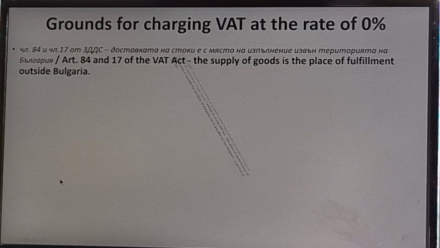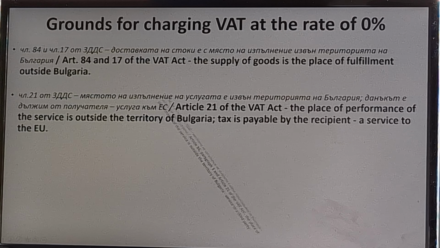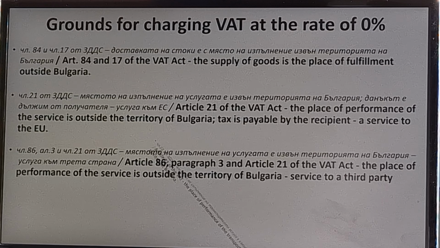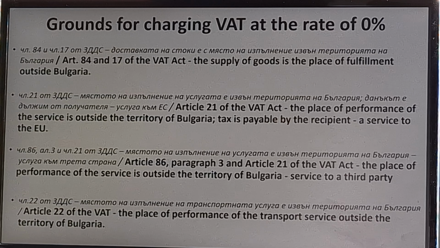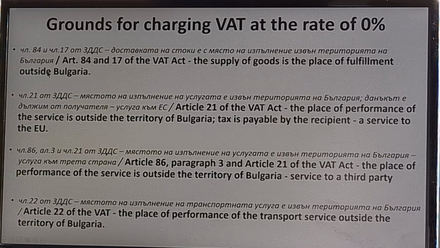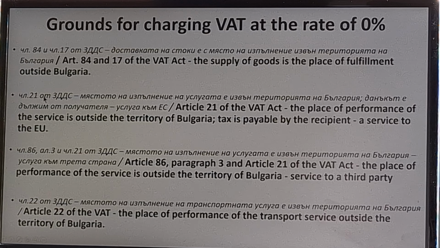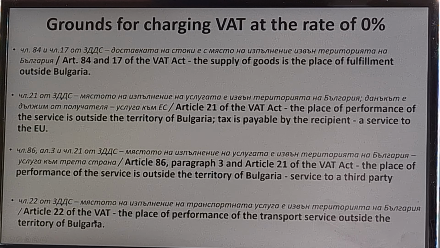Another important element of the tax VAT invoices is, when you invoice a foreign company, to put in place the reason for charging zero VAT. So the grounds, articles 84-86, are for export, and articles 21-22 are for inter-community delivery.